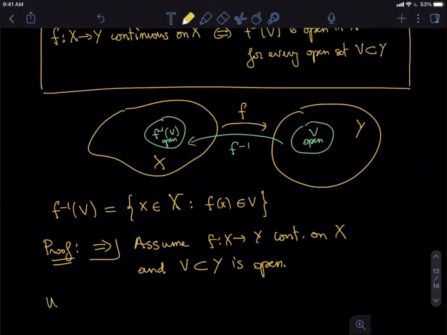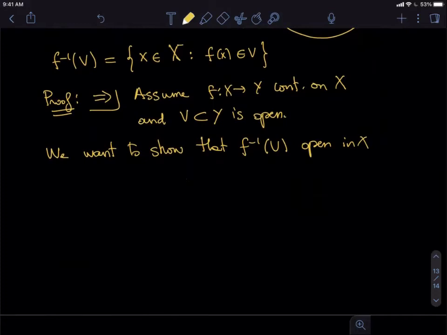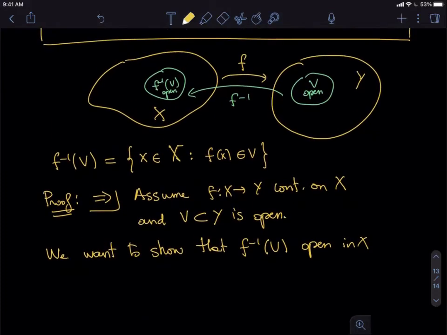Okay, so we want to show that F inverse of V is open in X. And remember, the definition of open means that there is a ball contained.